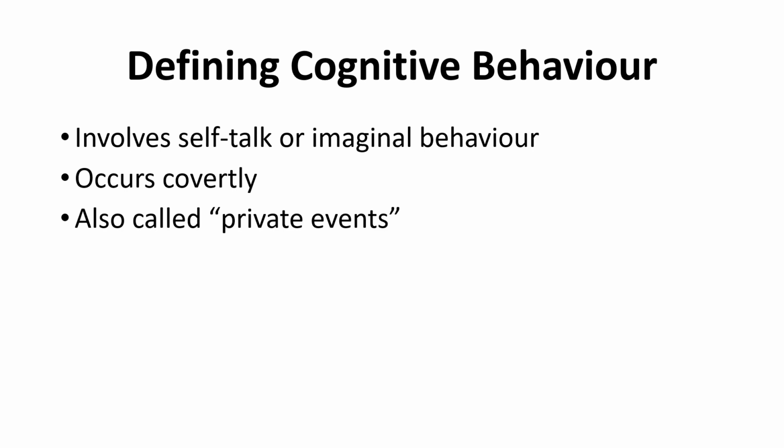But the textbook does a very good job outlining how the authors of our text choose to use that term and how some others choose to use that term and what they mean by it. So if you're looking at the literature and they start talking about things like cognitive behaviors, they should always give an indication of what they mean by that term, because as we've seen previously with a lot of other terms, not every researcher is going to be using the same term in the same way.